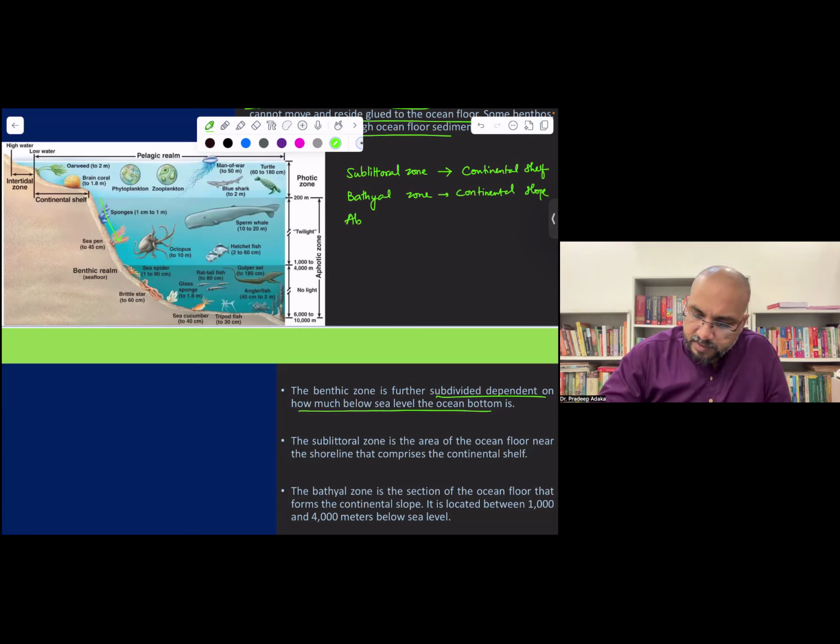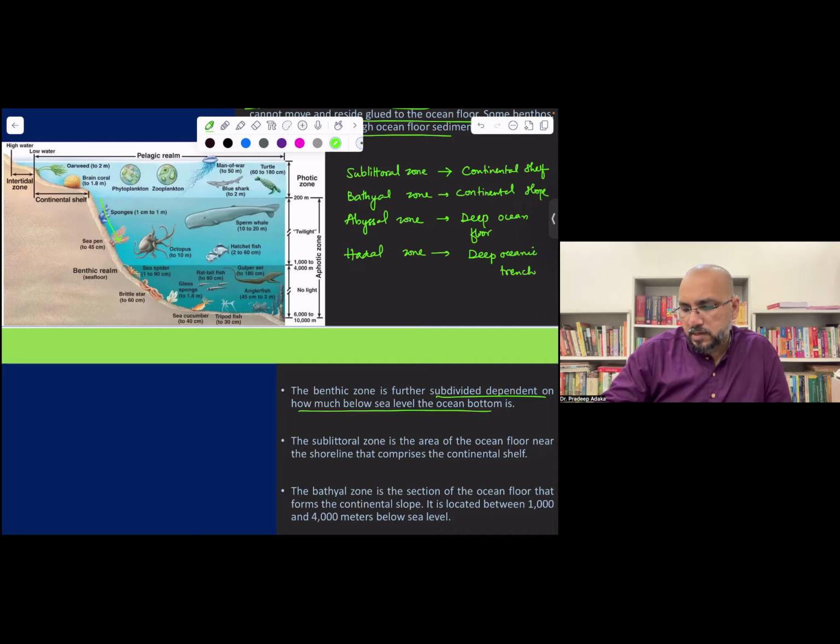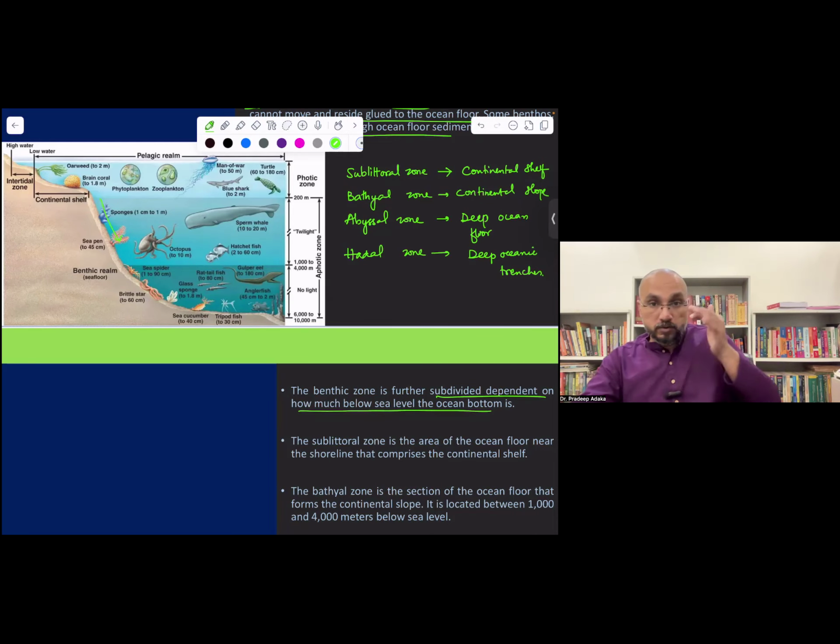Then you have abyssal zone, ये deep ocean है, deep ocean floor. Then you have hadal zone, ये oceanic trench पे, deep oceanic trenches, वहां पे जो bottom है, that is called as hadal zone.